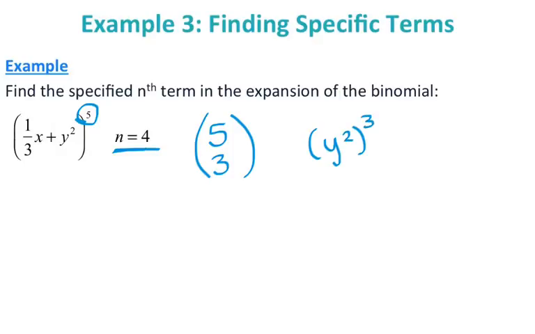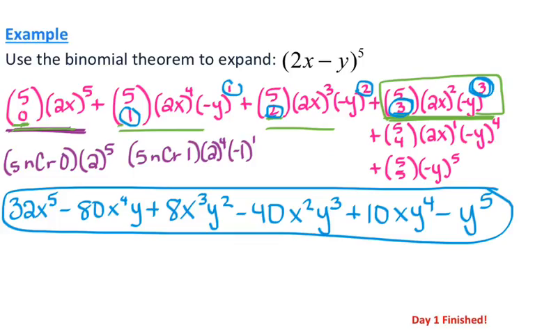Now another pattern that we need to recognize is the exponent for the first term. If you'll notice, your two exponents should add together to equal whatever that power is. So I have 3 plus 2 is 5, 2 plus 3 is 5, 4 plus 1 is 5, and so forth.